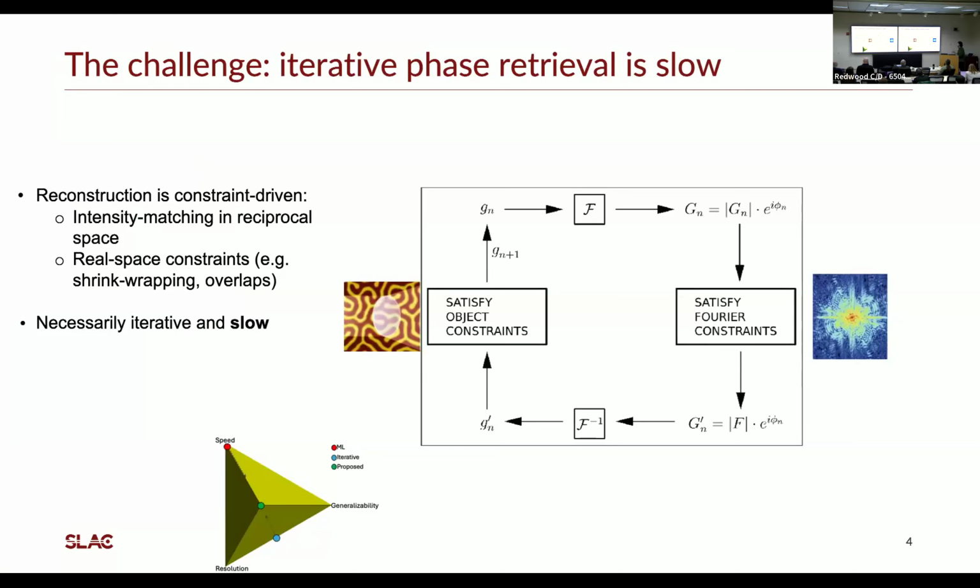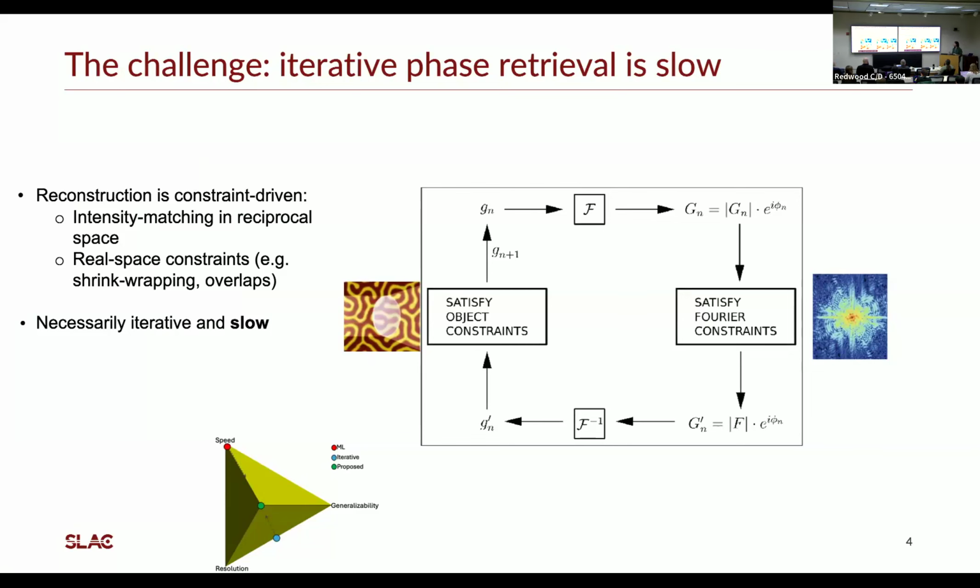You have to do tricks basically to escape local minima in this non-convex optimization. And basically you have to run many iterations of this. And if you do the back of the envelope math, if you wanted to reconstruct 30,000 images per second, you would need something between 1 and 1,000 GPUs. And GPUs are expensive now, so that's really not convenient.